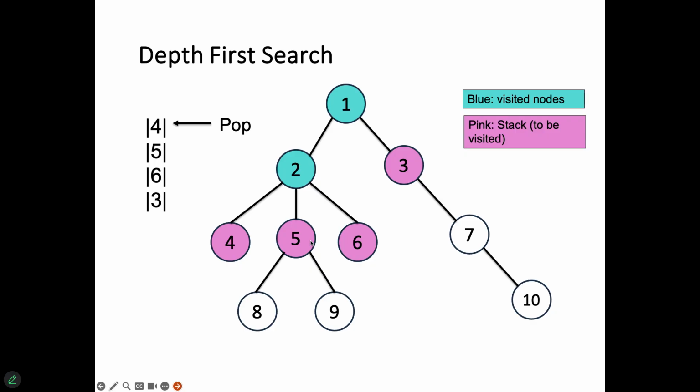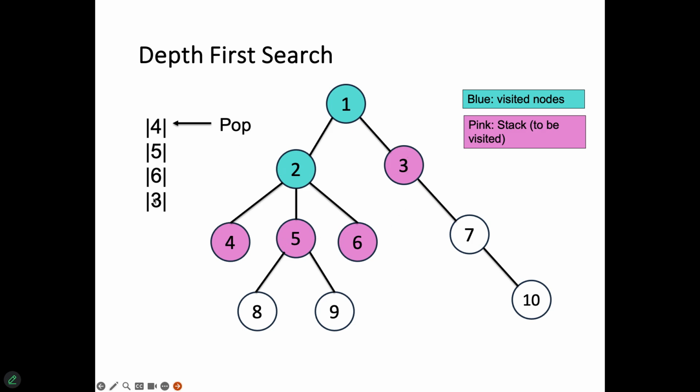So this is the same concept as what we had with the queue. The only difference is that in the queue, it was first in, first out, right? So when you are in a queue, the one who comes first is going out first. But in the depth first, you're using the stack as a structure. So the last one that entered is going to be out first. So now we added 4, 5, 6 to our stack.